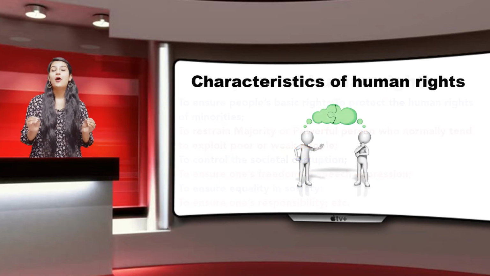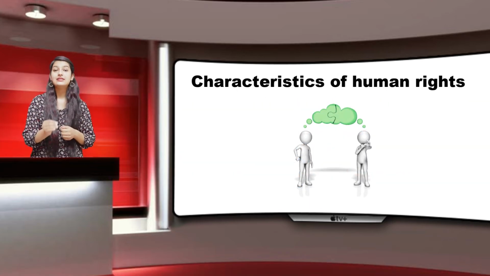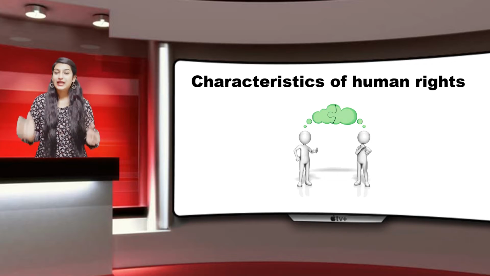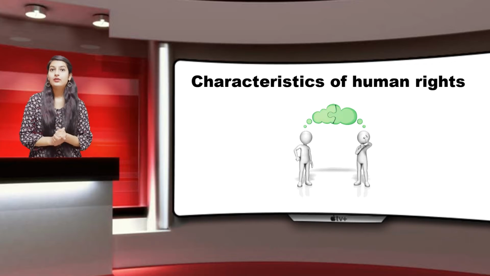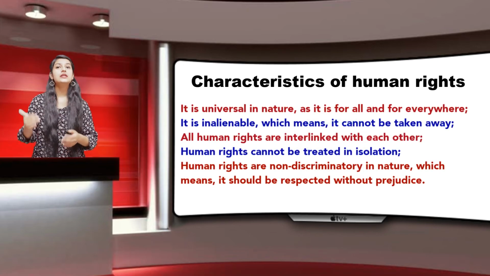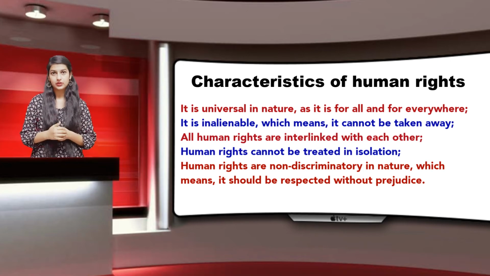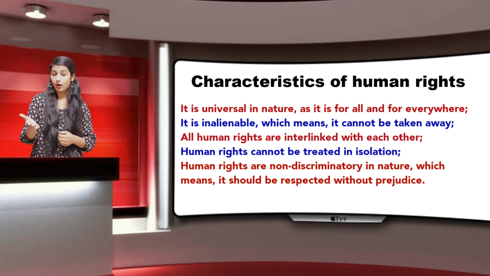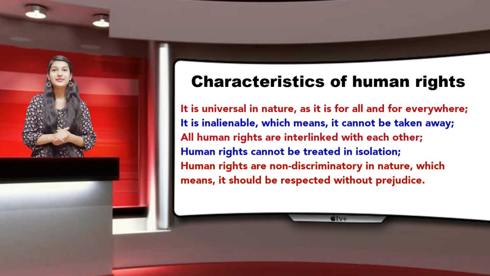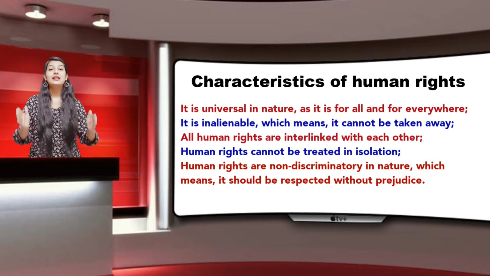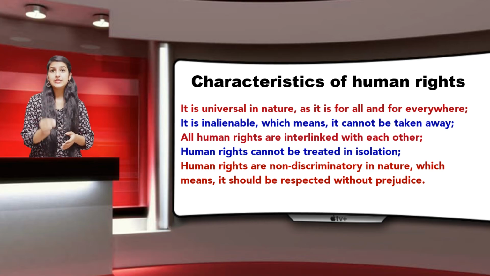Now let's move on to the next point, that is characteristics of human rights. So the major characteristics of human rights are: first, it is universal in nature, as it is for all and for everywhere. Second, it is inalienable, which means it cannot be taken away.